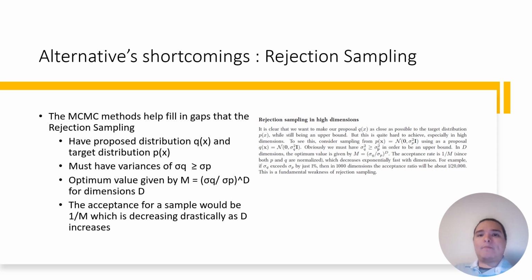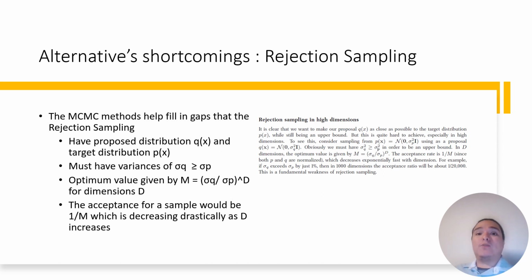But why is sampling in higher dimensions more ineffective? By ineffective, I'm referring to the fact that, say you have 1,000 samples, 1,000 iterations that you're trying to sample from. Now, you're not going to accept every single sample that you see. You either accept that sample or you reject it, saying it is not close enough to the distribution that we want, and so we will not be taking that sample.